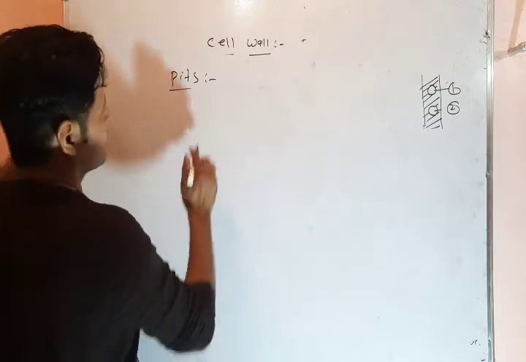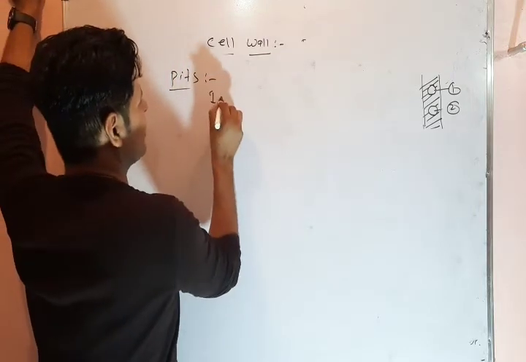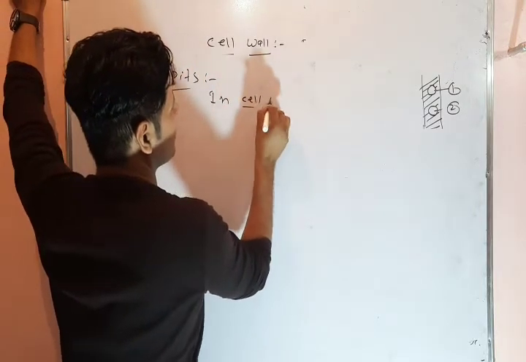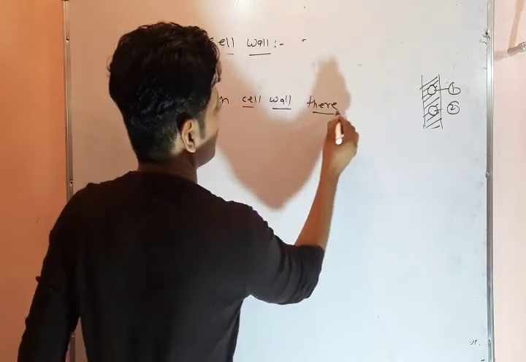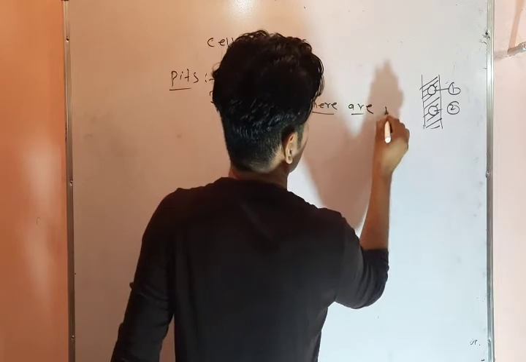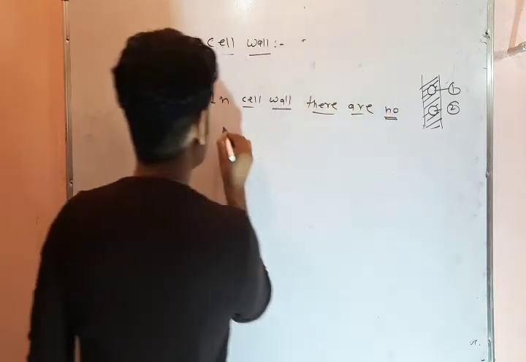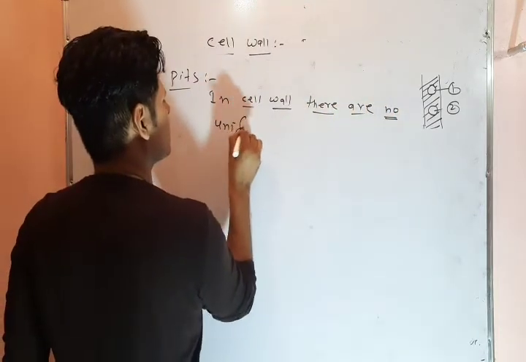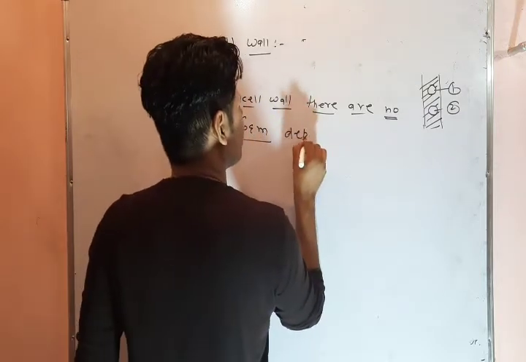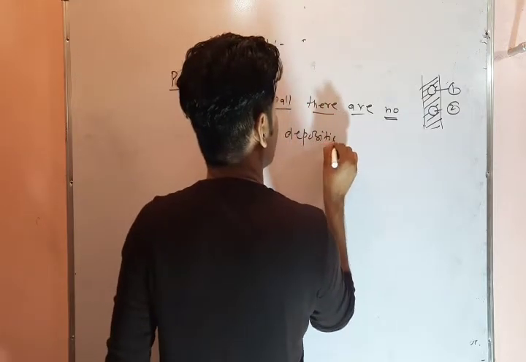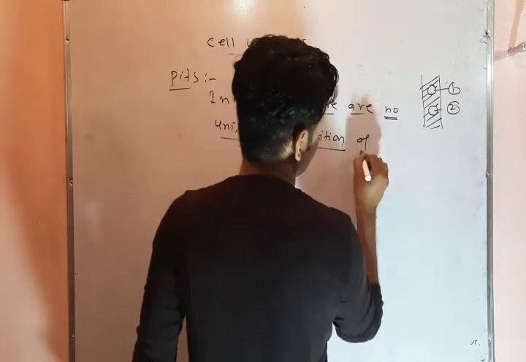What is a pit? In the cell wall, there is no uniform deposition of lignin.